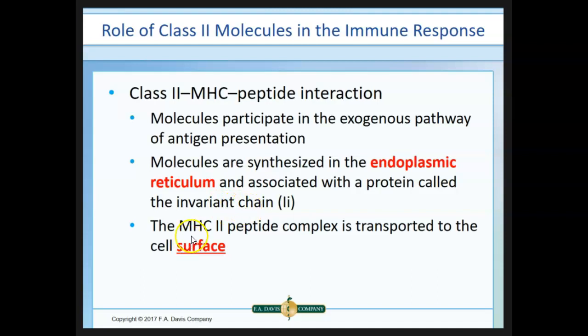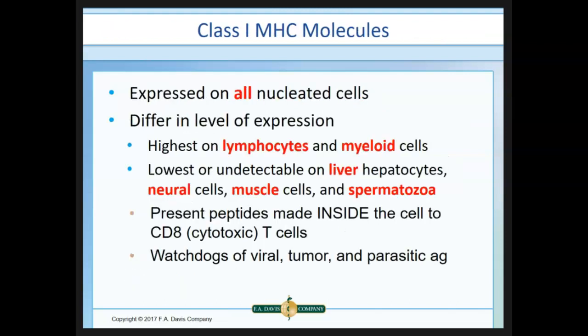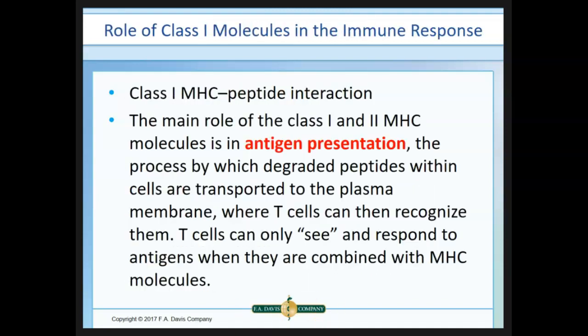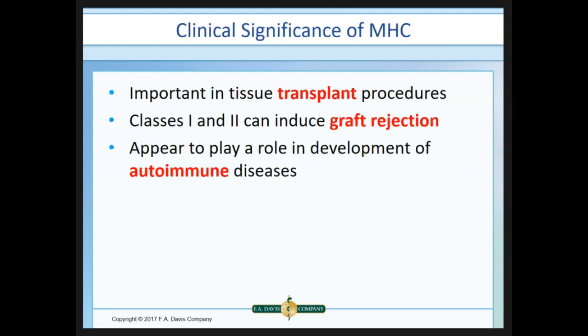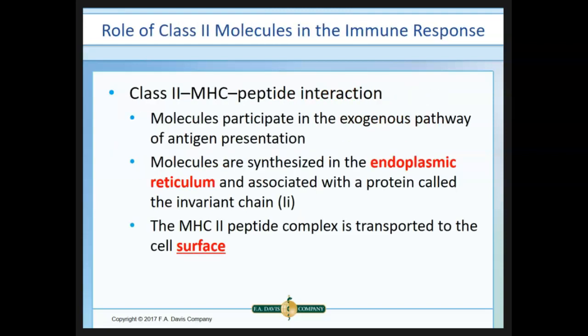But the MHC2 peptide complex is transported to the cell surface. So this is the one that's going to transport the antigens to the cell surface and complex with CD4 T helper cells. So remember that class 1 is associated with CD8 and all nucleated cells, and class 2 is associated with CD4 T helper cells.